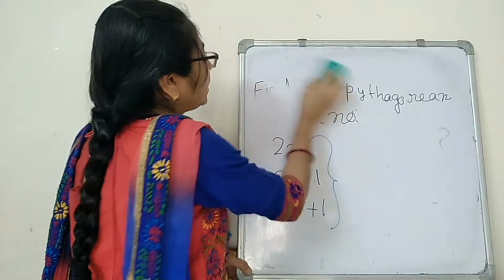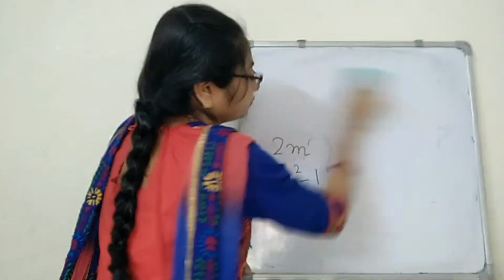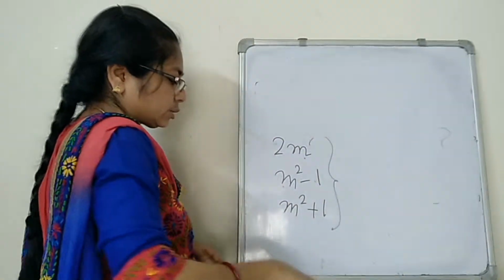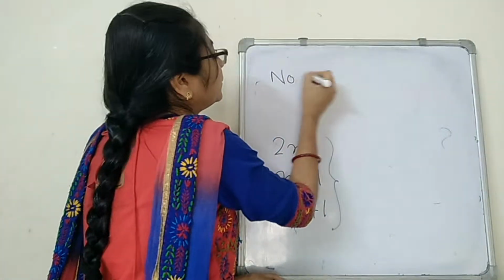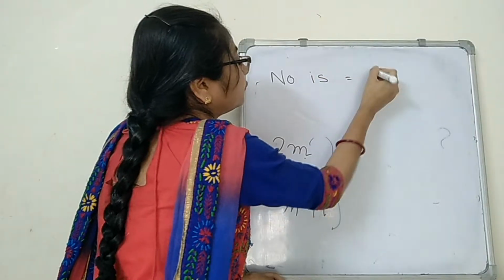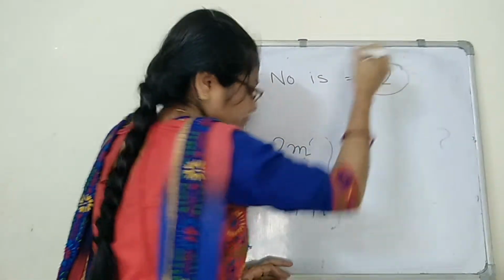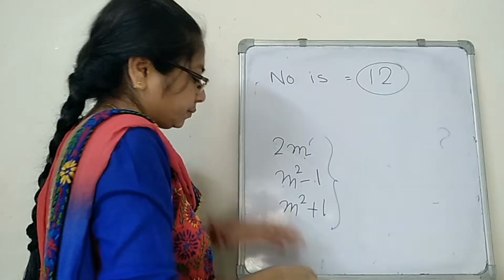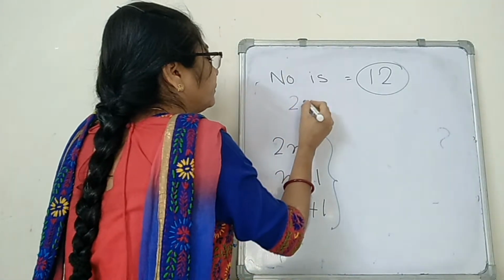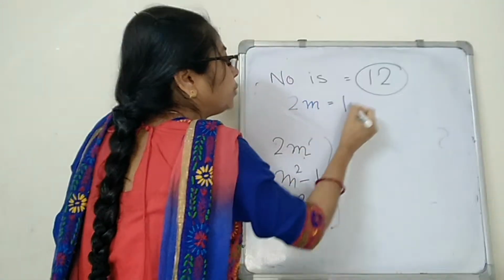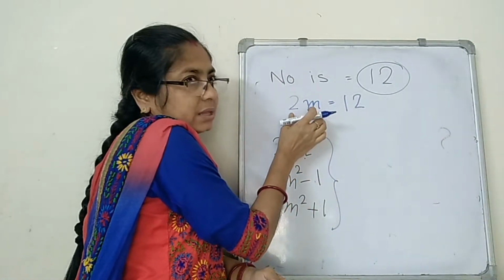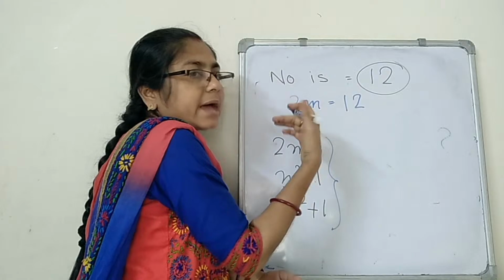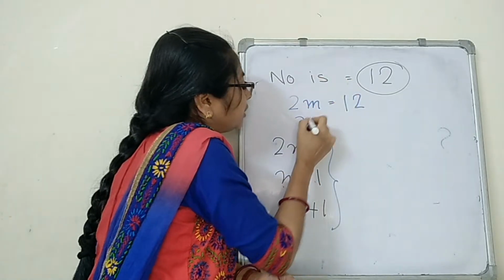Now, I give a number. The number is 12. Find out. How can you find out? 2m equal to 12. In the previous class, what I told, when it is coming in multiply and you change the sign, it becomes divide.